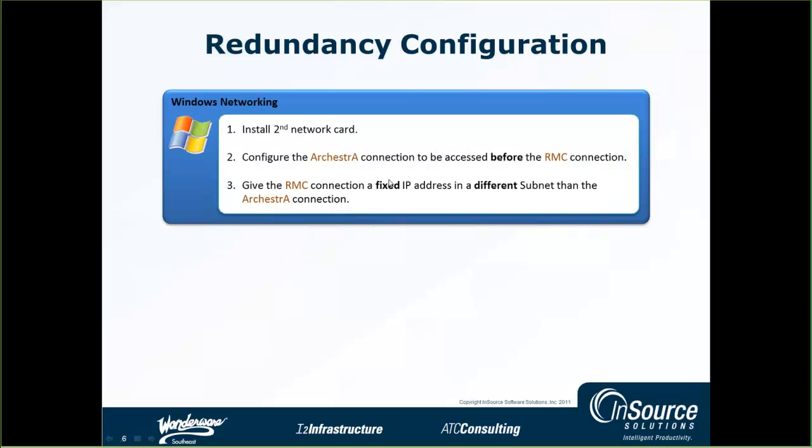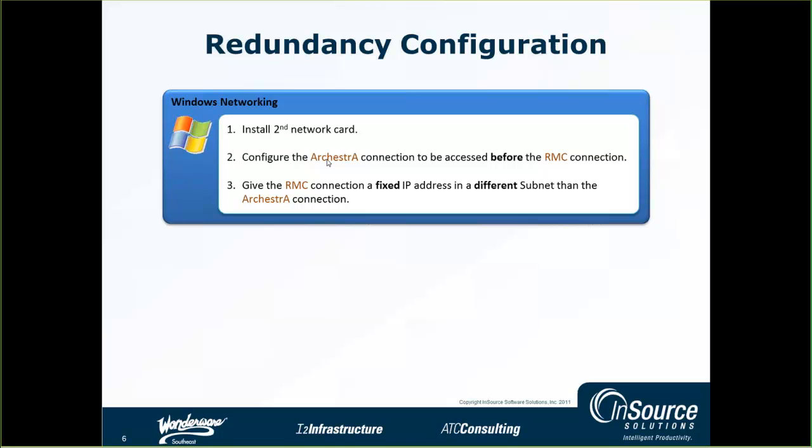The redundancy configuration. You always need a second network card in each server. We have to configure the orchestra network first before the RMC network, which basically means in the network connections there's some advanced settings where orchestra's first and the crossover cable second, and I'll show you that.